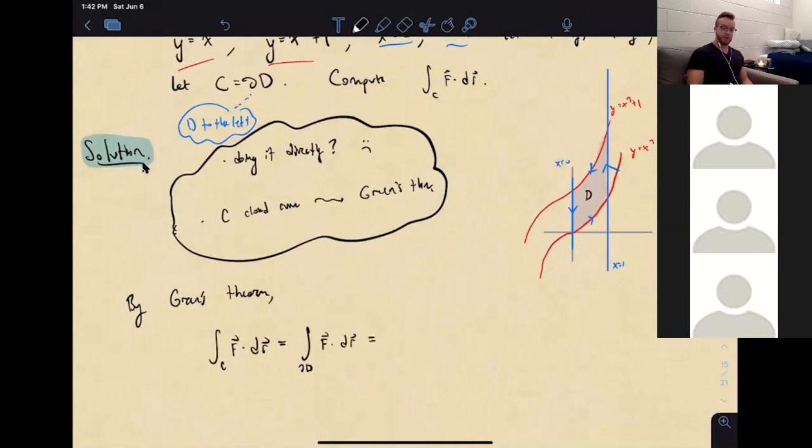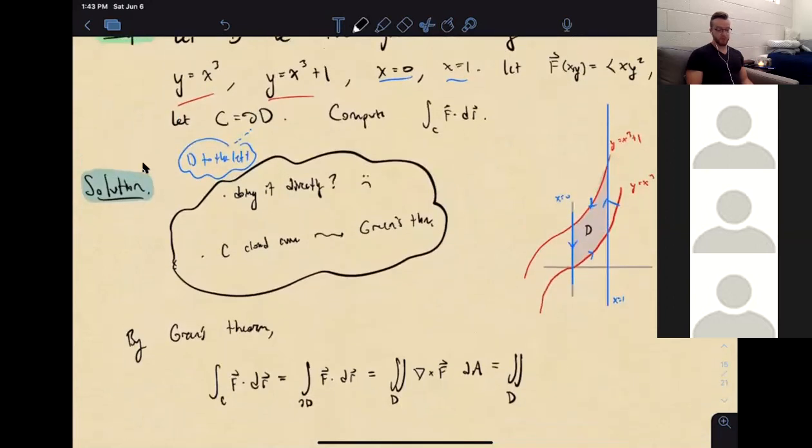And so what does Green's theorem tell me? Green's theorem tells me that the line integral of f around a closed curve, or around the boundary of some region, gives me the double integral over D of the curl. And now we just have a double integral to do.